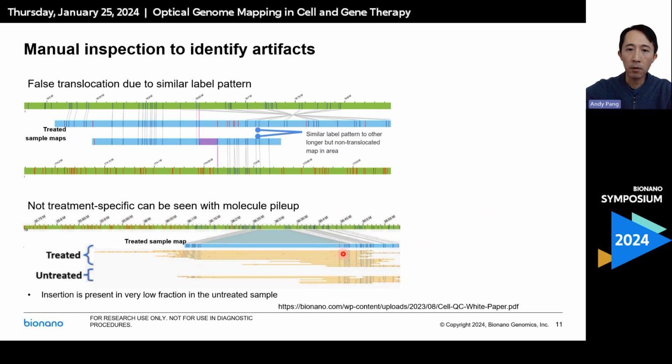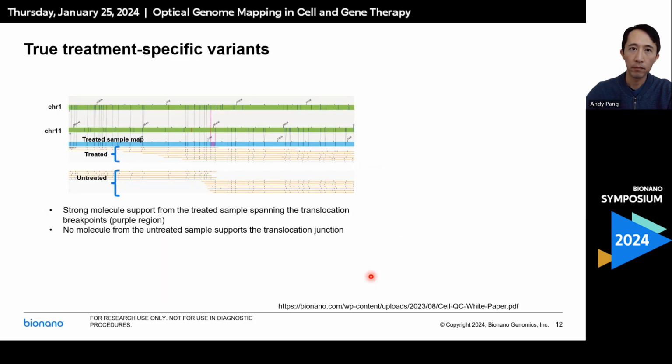It has strong molecule support by the treated sample molecules. But if you look closely in the molecule pileup in the control sample, you can actually see that there are 2 molecules supporting the call. So by manual inspection, we can see that this insertion is actually present, but only in a very low fraction in the untreated control sample.